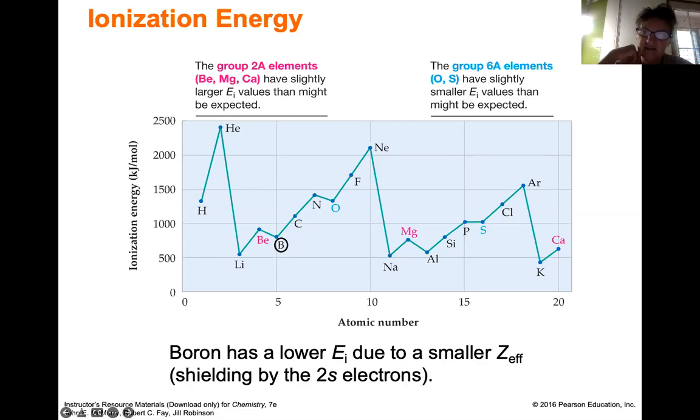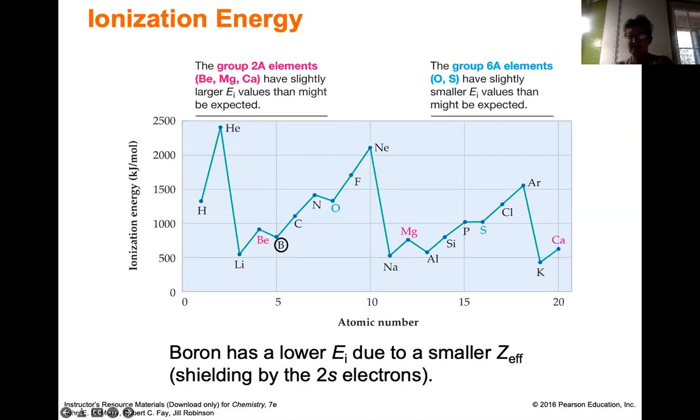From nitrogen to oxygen, and this trend is the same in each of the periods, like from phosphorus to sulfur, we can talk about them in the same way. When you're at nitrogen, you have 3 p orbitals, 1 electron when you made boron, 1 electron when you made carbon, 1 when you made nitrogen, all going into single p orbitals.